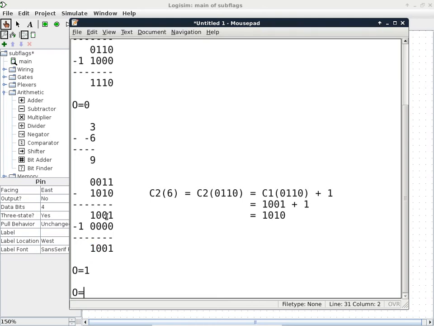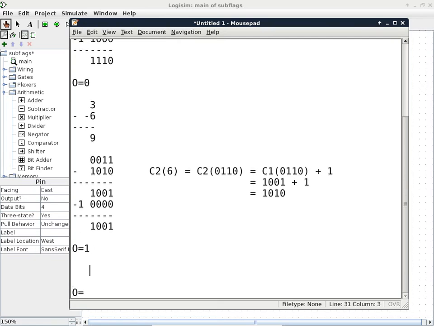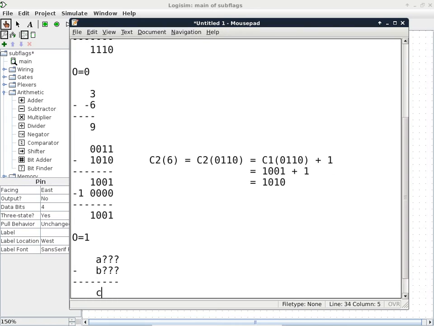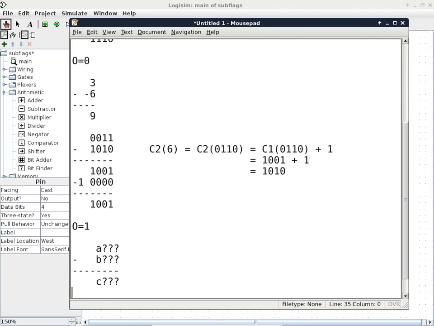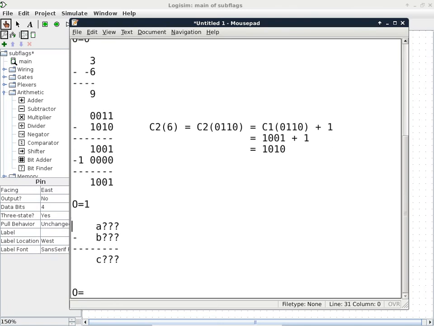So how do we express that here? In other words, in general, if we are subtracting B from A, and the result is C, then knowing these three sign bits, A, B, and C, how can we come up with an expression for the overflow flag?